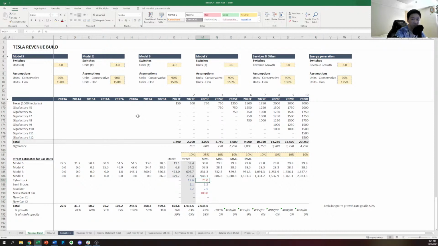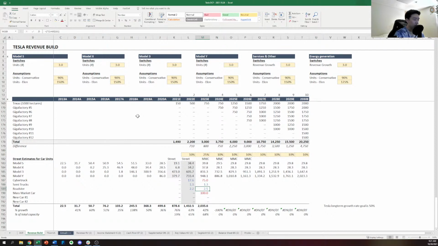Anyway, I think 75,000 is fair. Right, 1 million waitlist, 75,000 in the first full year of production. Okay, and then the semi trucks, the Roadster. I'm not going to worry about these assumptions too much because they're just such small figures.